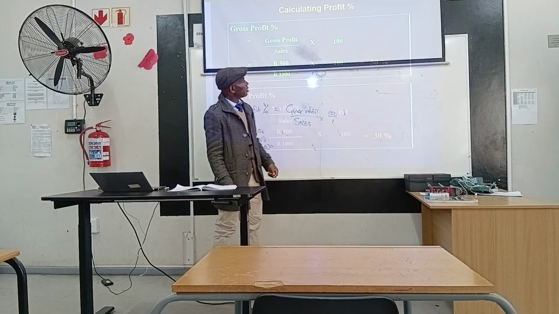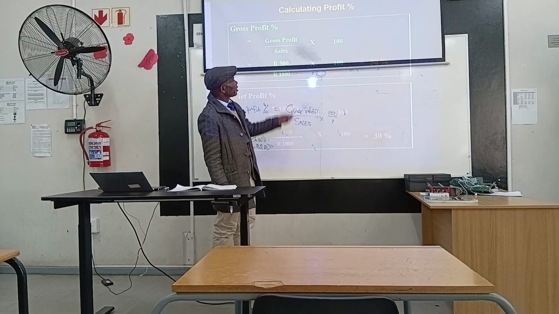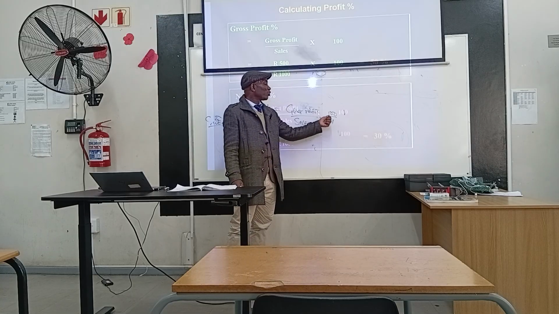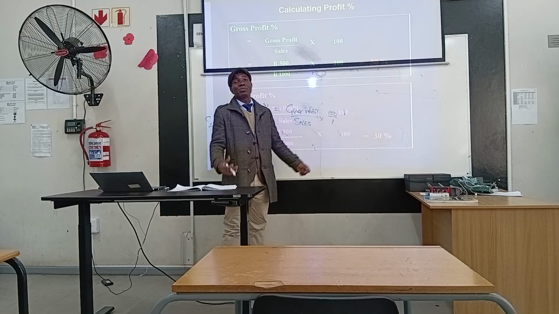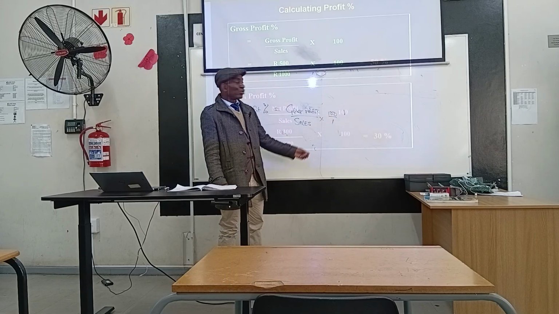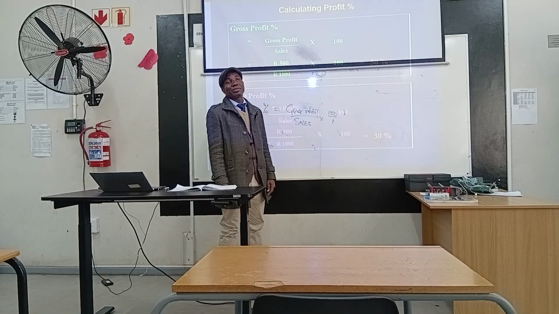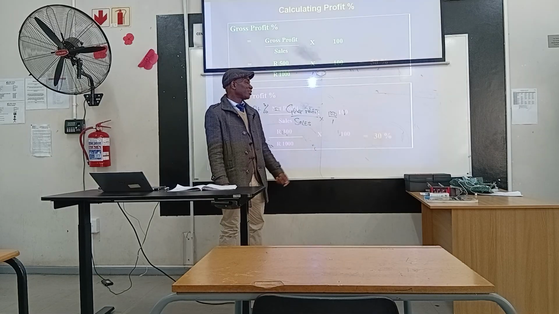This one is 100. The way I was taught in mathematics, when you say 100 over 1 or 100, it's the same. But to make it look proportional, that is why we always say 100 over 1. Most people don't put it over 1, but it's still the same.